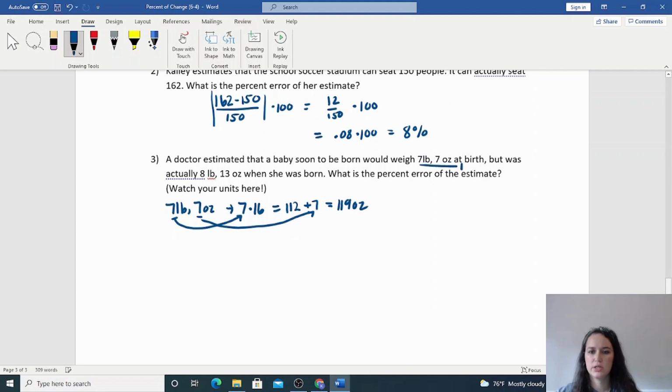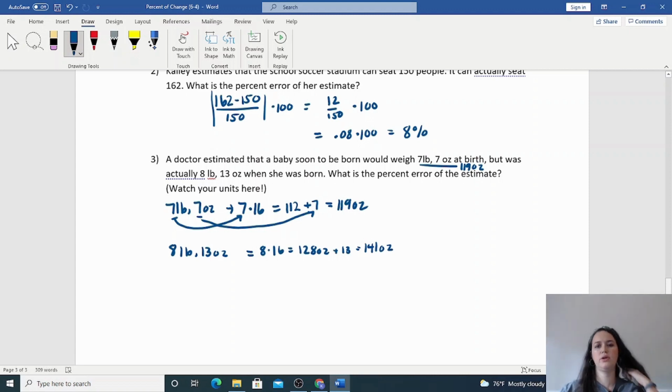And then we're going to do the same thing for 8 pounds, 13 ounces. So 8 times 16 is 128 ounces. And then plus that extra 13 is 141 ounces. Okay, so we want to make sure that everything is a cohesive unit.